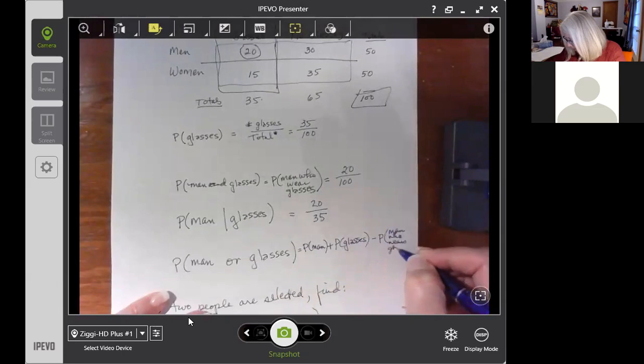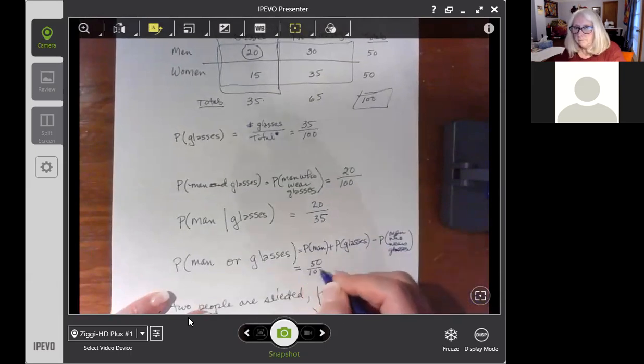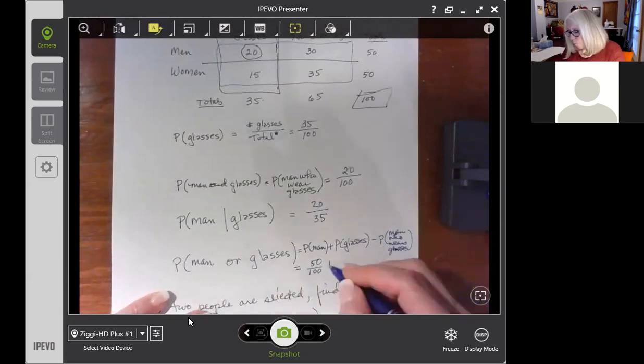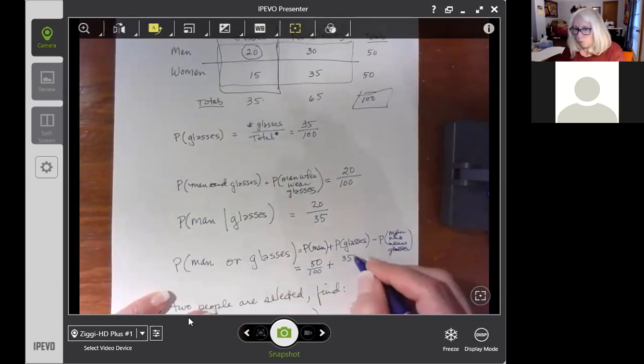So, the probability of selecting a man, there are 50 men out of 100. Add to that the probability of selecting someone who wears glasses. Well, there were 35 people that wore glasses out of 100.